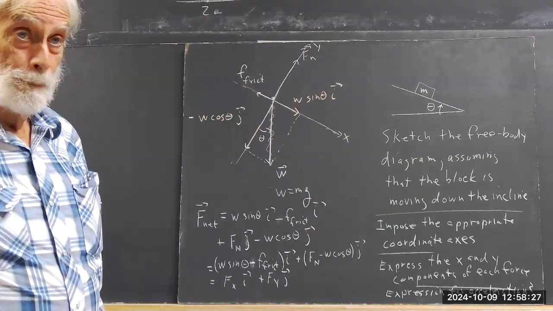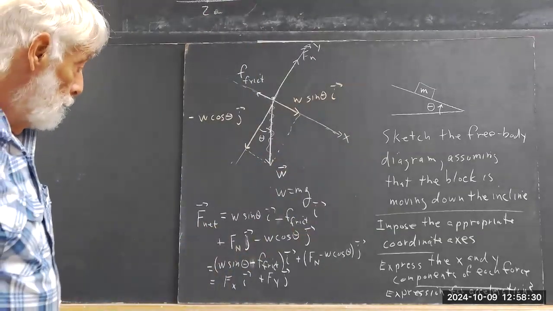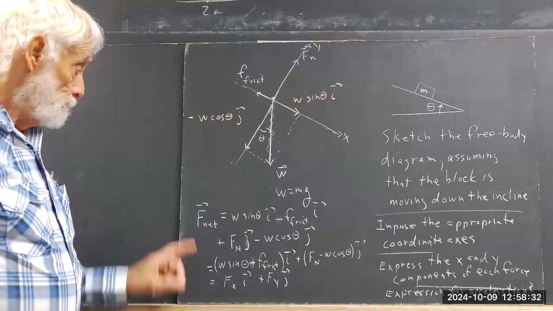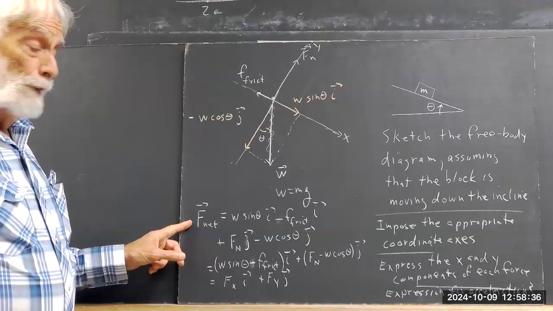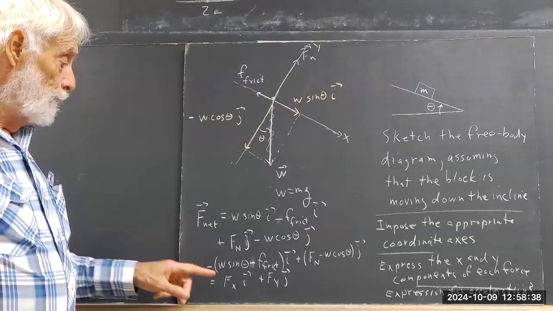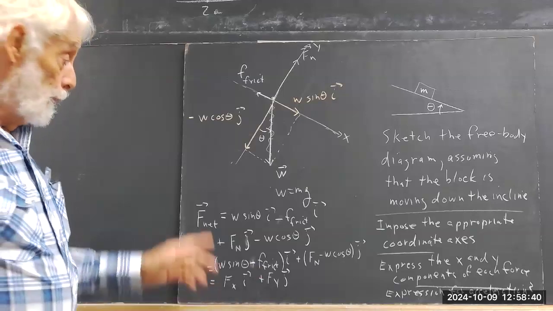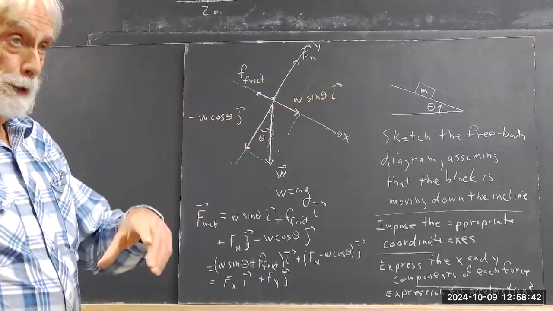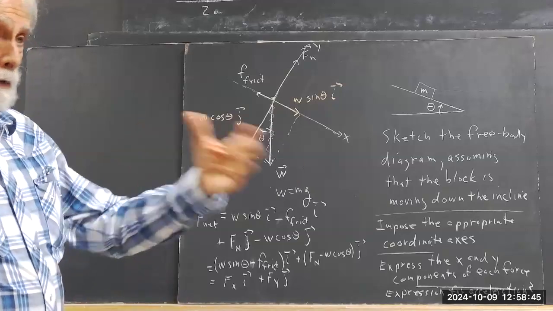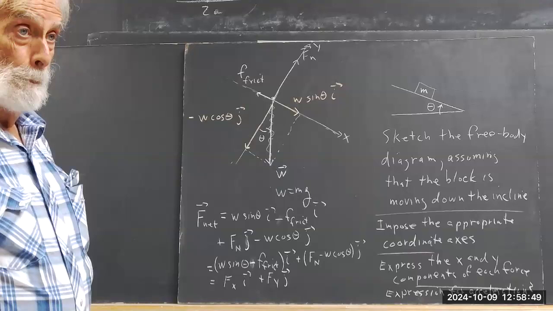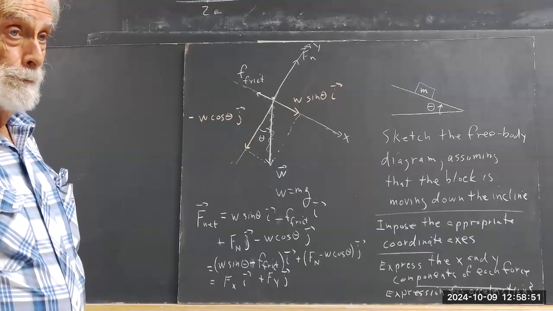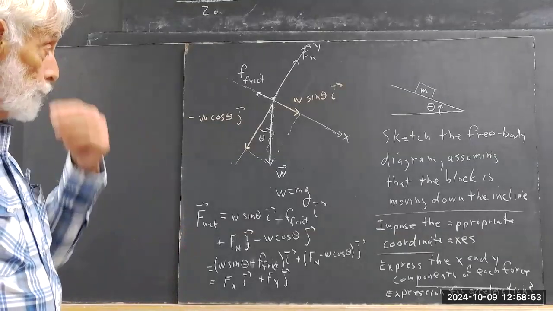Acceleration would have to be zero. Now you make a conclusion from zero acceleration that your net force is zero. If your net force is zero, that means both components are zero. Now, why is net force zero? Well, because net force is mass times acceleration. If acceleration is zero, your net force is zero. Could the net force be zero? What would it take for the net force to be zero?